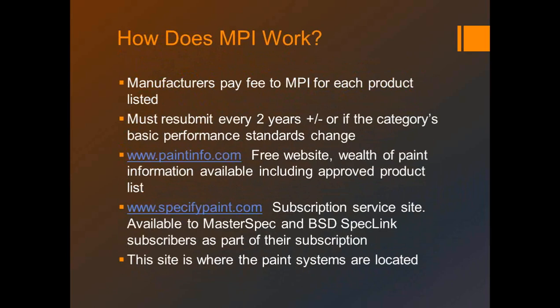But the big thing is that the approved product list, the APL, is at the paintinfo.com site. So if you have seen something with an MPI number 79 or something, and you wonder what in the world that was, you can go to that paintinfo.com site, find that product category and see who all is listed in that category.